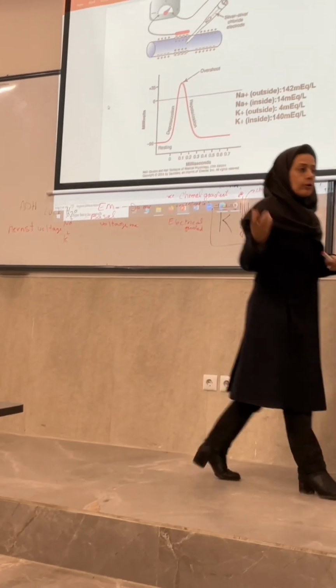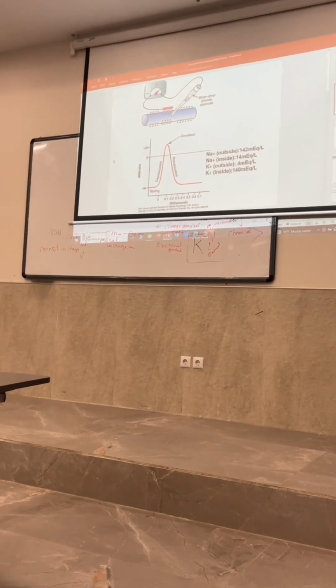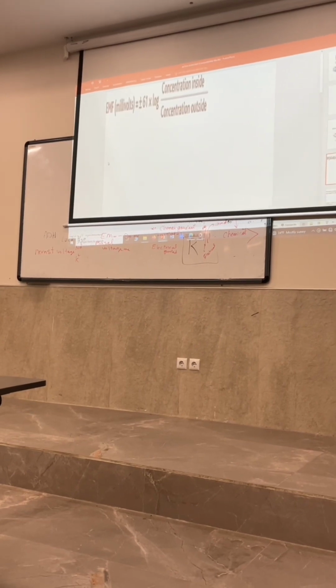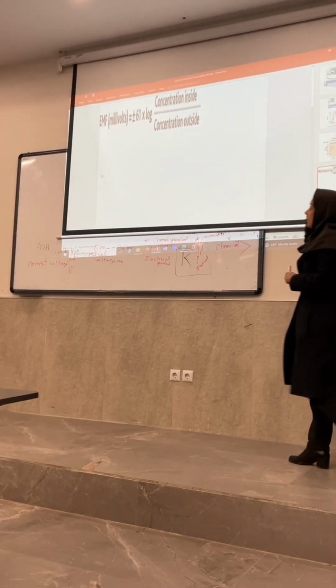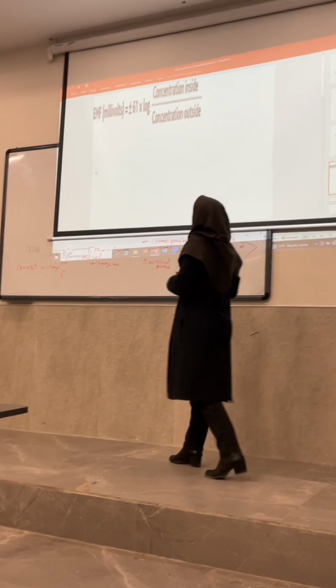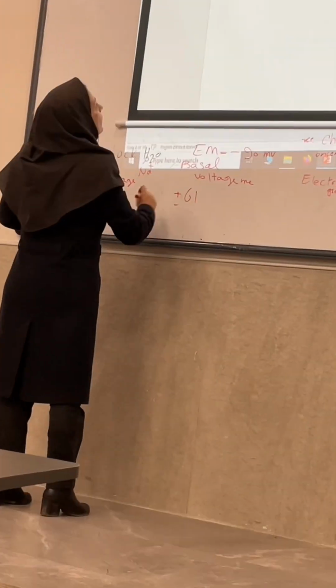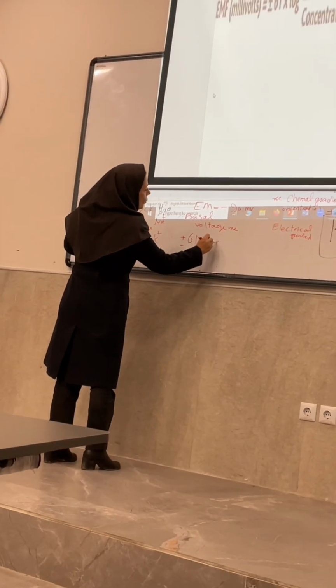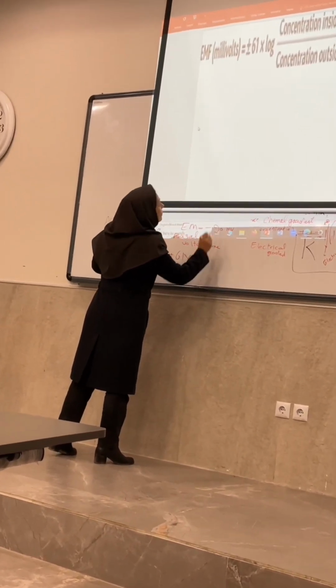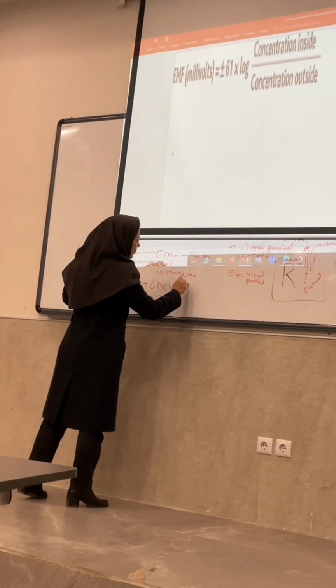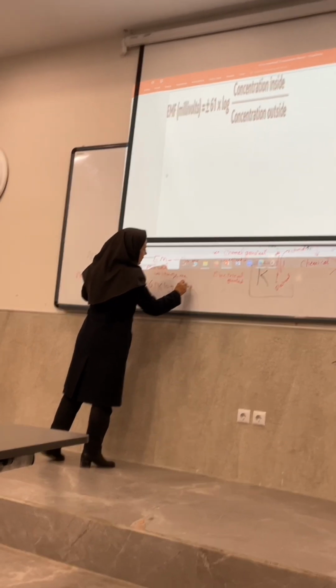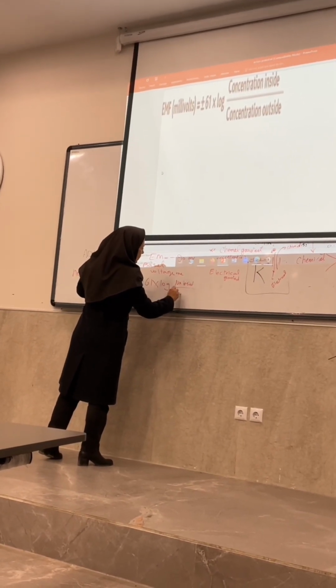We have a calculation for reaching the Nernst equation. This is the Nernst equation for each ion. The calculation is the log of that ion's concentration inside, for example sodium inside, divided by sodium outside.